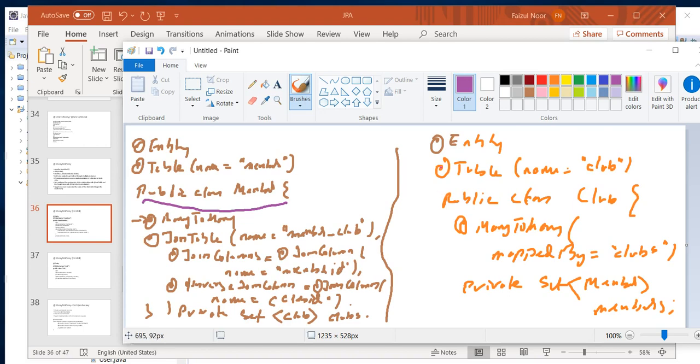Now if we look over here, we can see the two entities, and the annotations are basically the same, the Entity for the member and Entity for the club. We are seeing here ManyToMany, over here one is ManyToMany, and over here as well a ManyToMany relationship. And in one of the tables I have defined JoinTable name equals member club. Remember, this is the member club that we are requiring to hold the information for the many-to-many relationship.